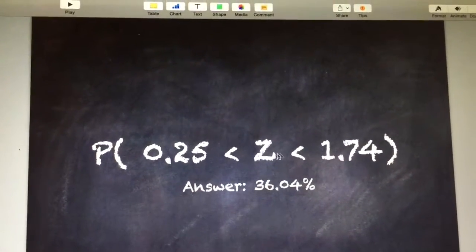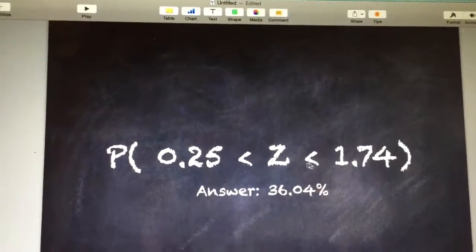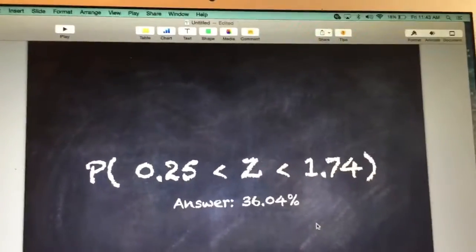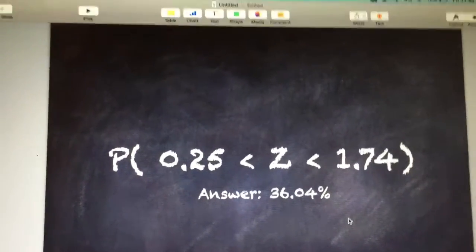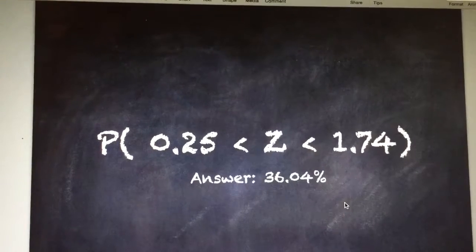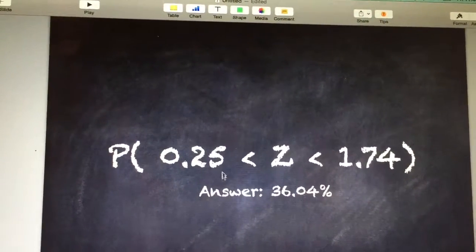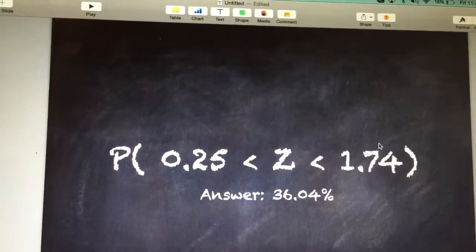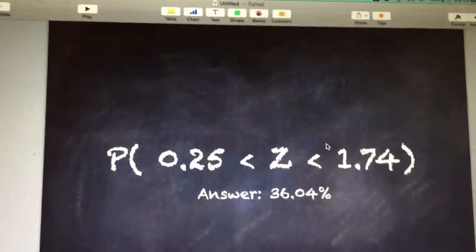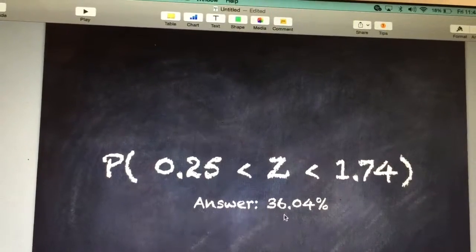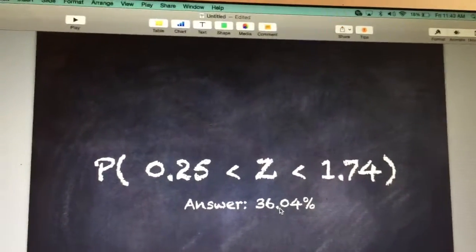Okay, last example, we need to find the probability of finding a z-score between 0.25 and 1.74. Between those numbers, just making that clear. So to do this, we need to find the probability of this z-score and the probability of this z-score, and we need to subtract the both to get the probability in between.